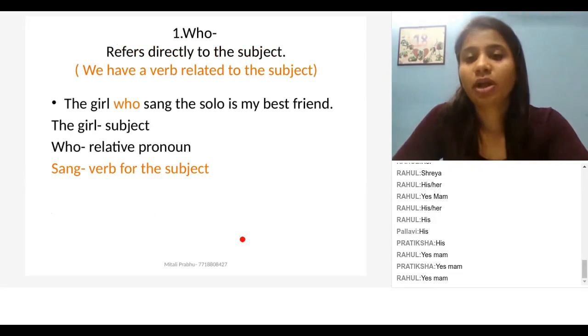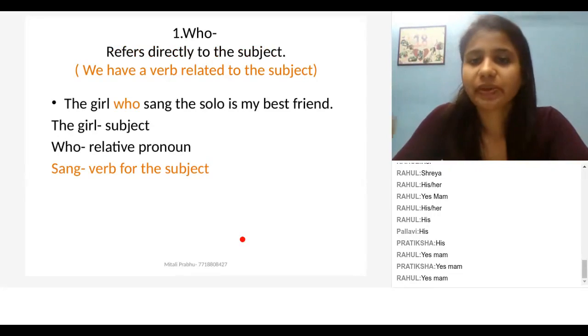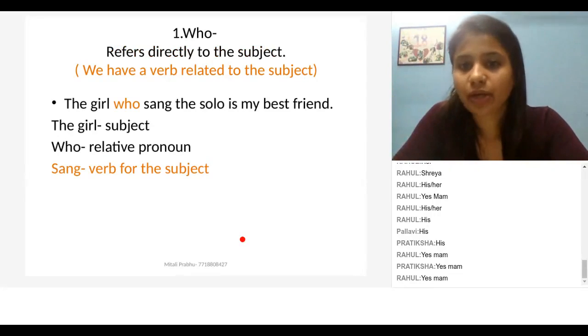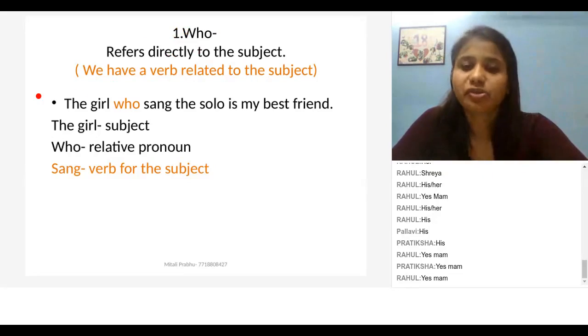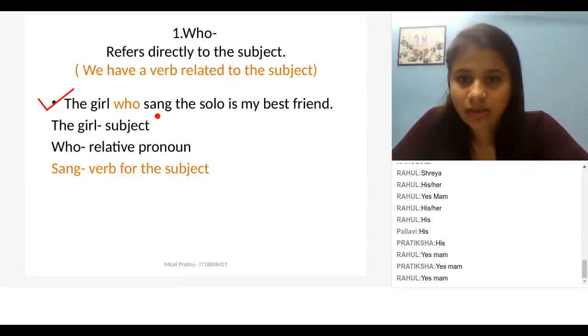Okay, so now we are majorly confused between who and whom, when to use who and when to use whom. So what is the rule that you can be sure of? In the sentence, "The girl who sang the solo is my best friend," who is the relative pronoun, and the subject is the girl.